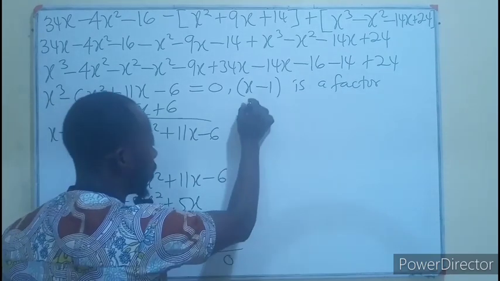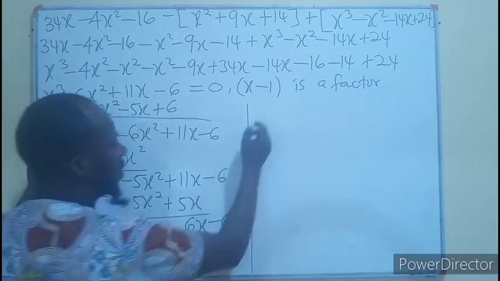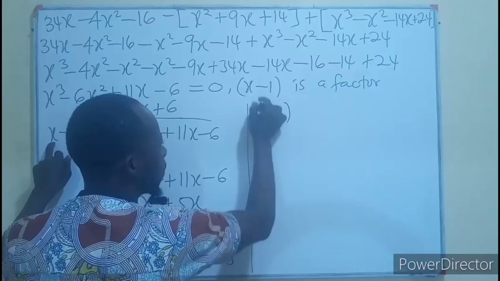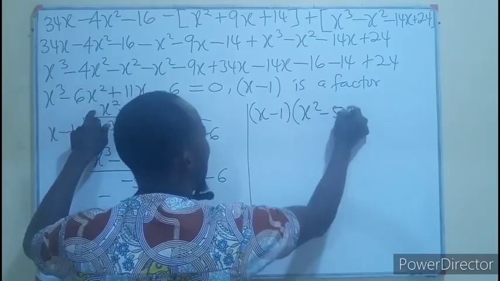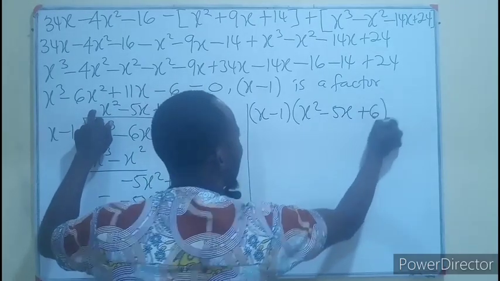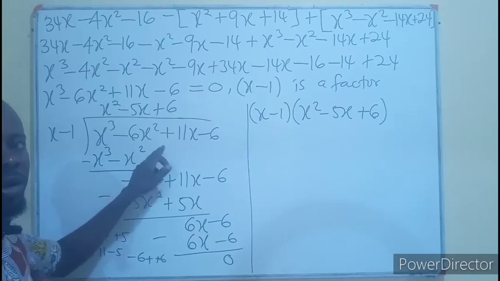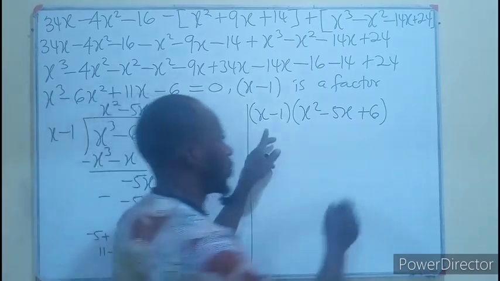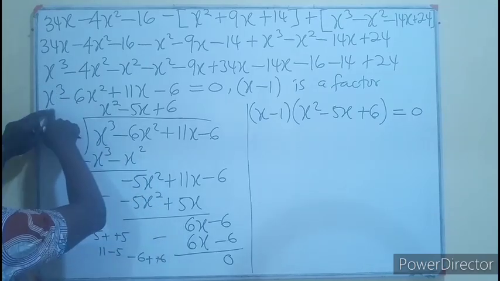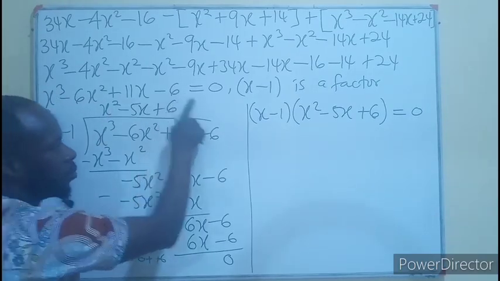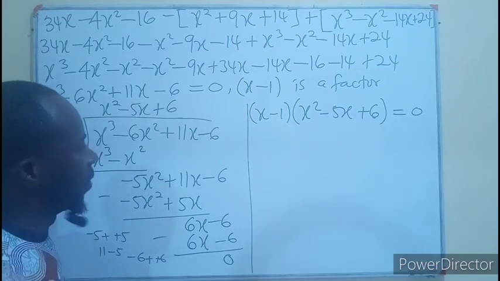So now what do we do? For us to get our solution, it means the divisor, which is x minus 1, multiplying x squared minus 5x plus 6. If you multiply this and this, you get back your dividend. So this will still be equal to 0. We are only replacing our polynomial by this factorization. We are trying to factorize and get the values of x.